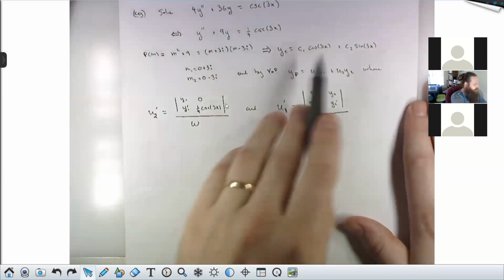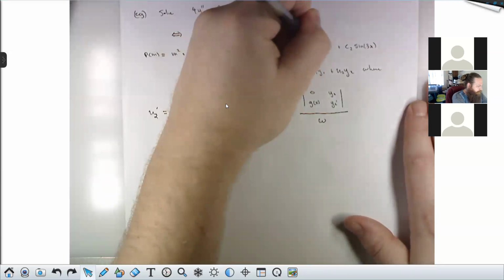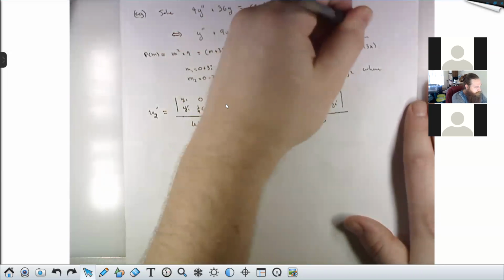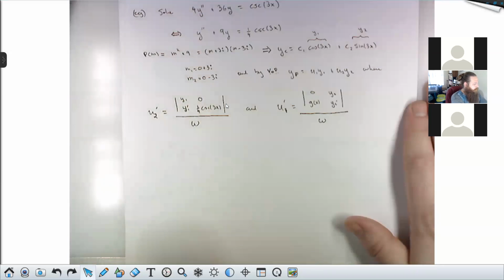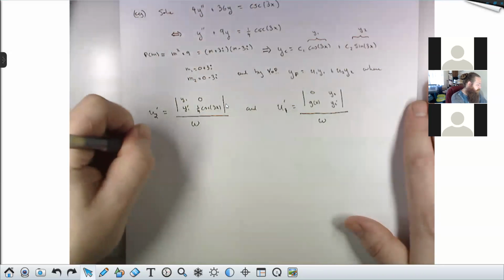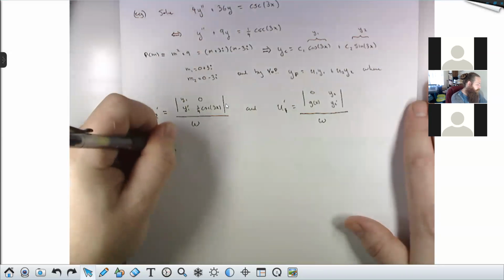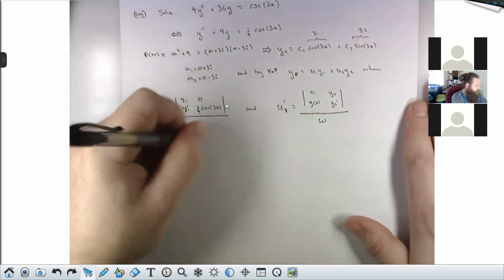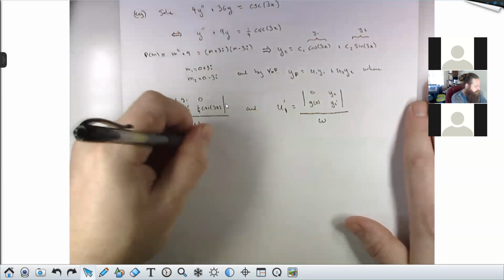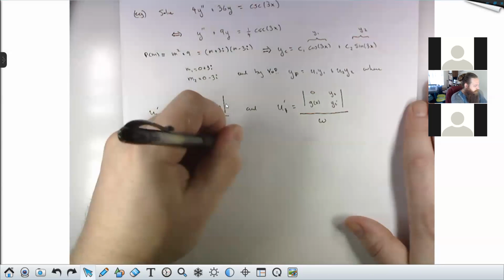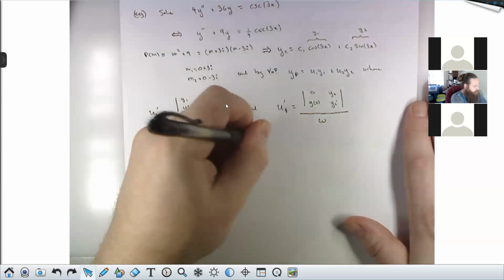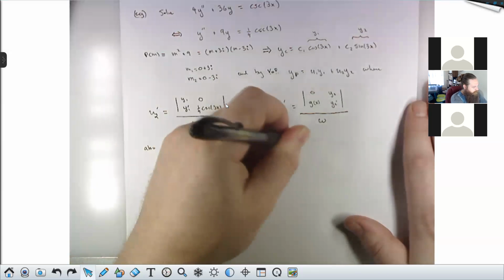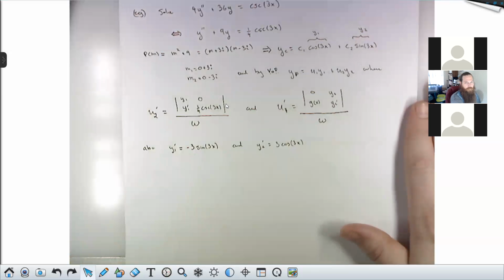We need to calculate the derivatives y1 prime and y2 prime. So y1 is here, y2 is here. So also y1 prime is -3 sine 3x. y2 prime is 3 cos 3x, each of those little chain rule derivatives.